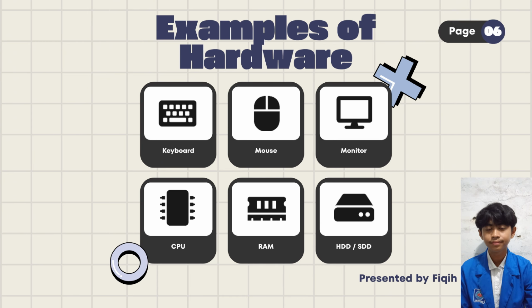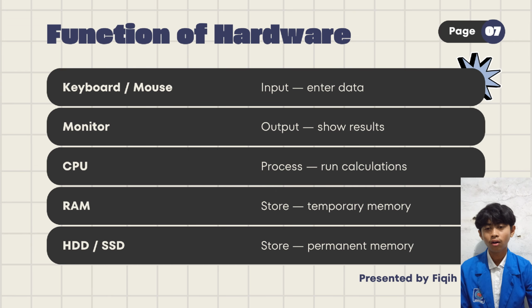Next, function of hardware. So, let me walk through what each one does. The keyboard and mouse are input devices. They let us communicate with the computer. The monitor is the output device. It displays what's happening.